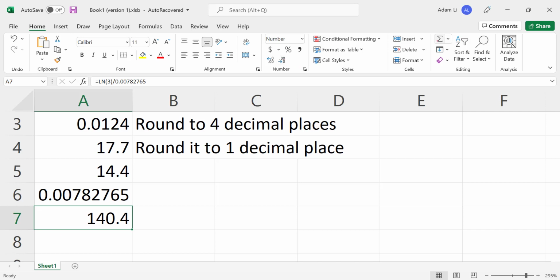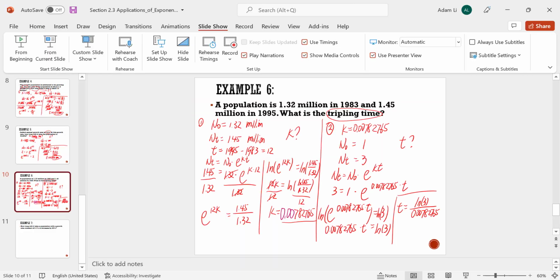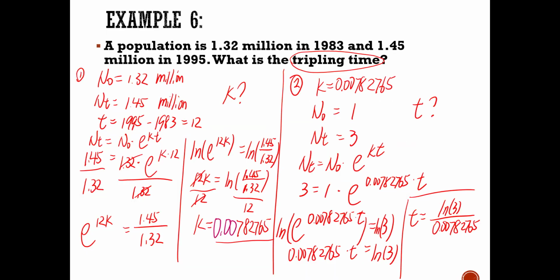So it takes about 140.4 years to triple the population based on this constant growth rate. So time t is approximately equal to 140.4 years. This is a typical tripling time problem.